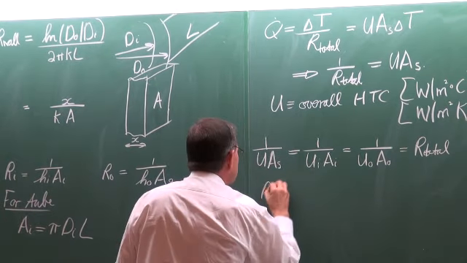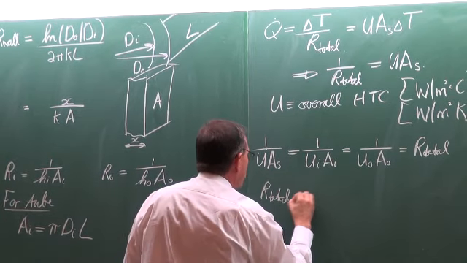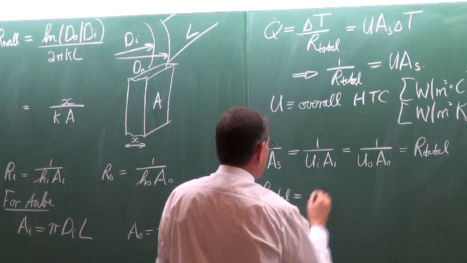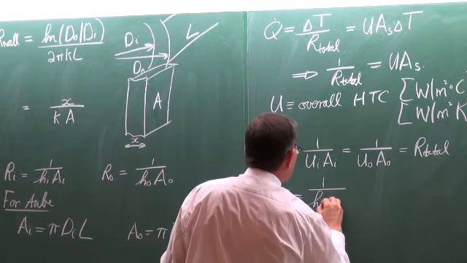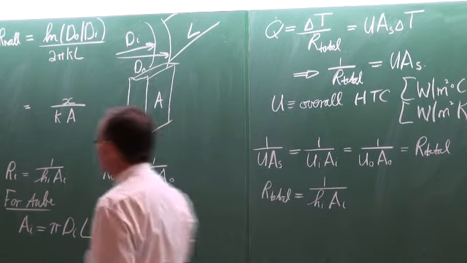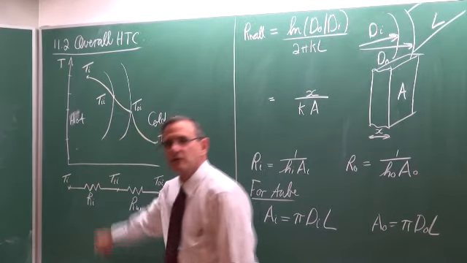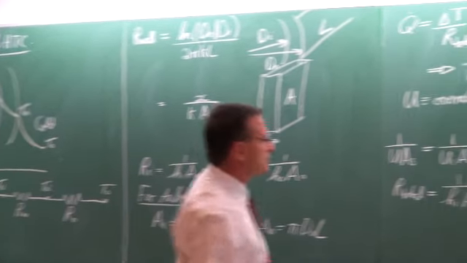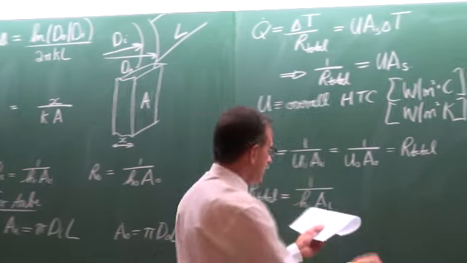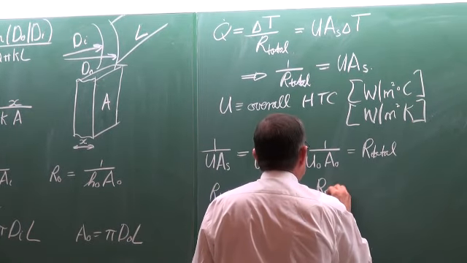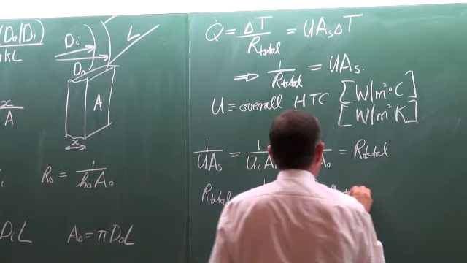where this total resistance is equal to 1 divided by the heat transfer coefficient multiplied by the area, that is the first resistance term, plus the resistance of the wall.